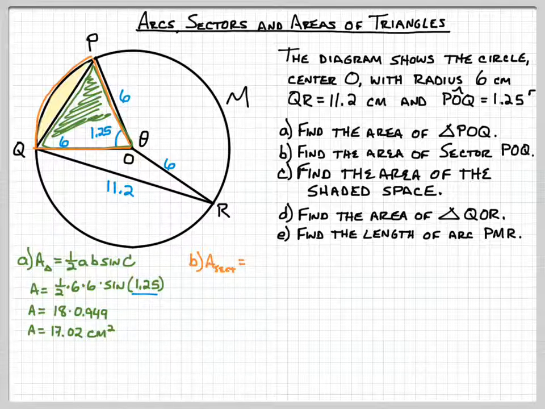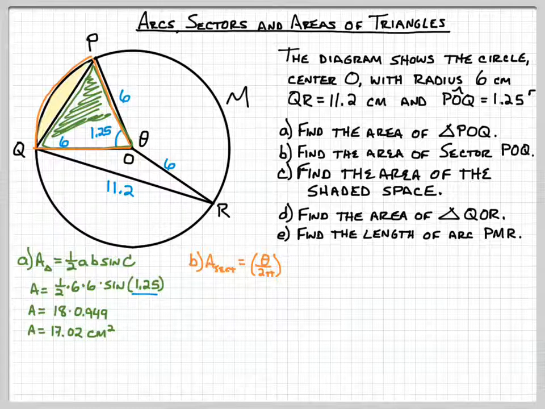So we're going to take a proportion of this circle based on our angle measurement, theta over 2 pi. This isn't the same theta as in the diagram, since here we're talking about 1.25, but this is just going through the motions of how to find the area of the sector.